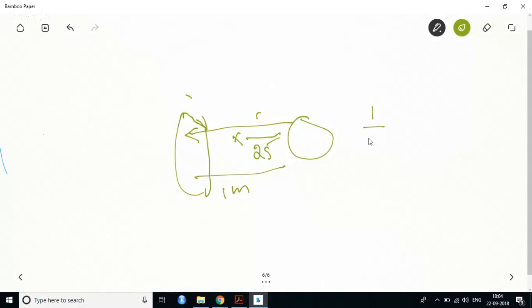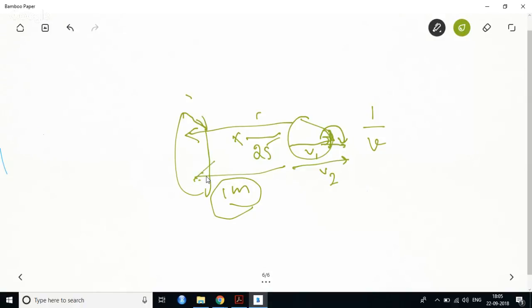Now let me explain the formula once again to you. In hypermetropia, where the near point increases, why does it increase? Because instead of the image being formed on the retina, it is formed beyond the retina. So actually the V should be this much. Suppose this is V1, the V increases to V2.